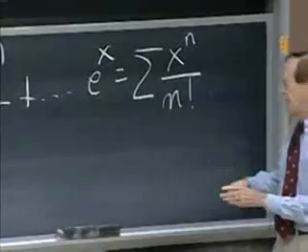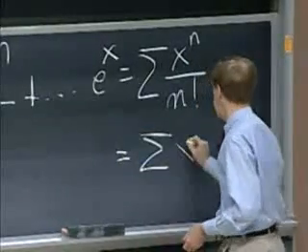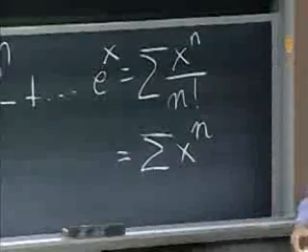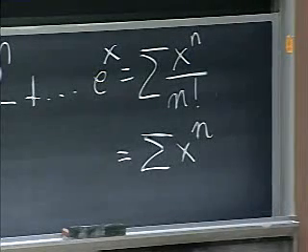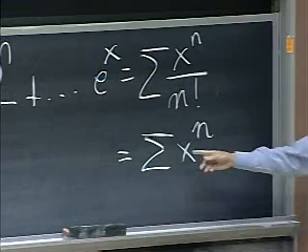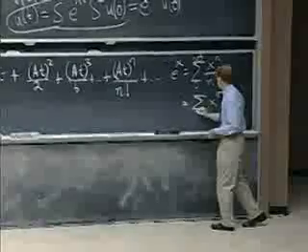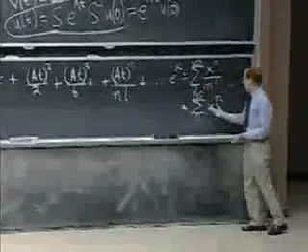The other beautiful Taylor series is just the sum of x to the nth, not divided by n factorial. Do you know what function that one is? All these sums are going from 0 to infinity. What function have I got?